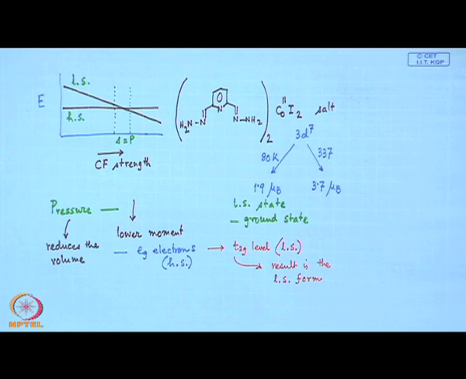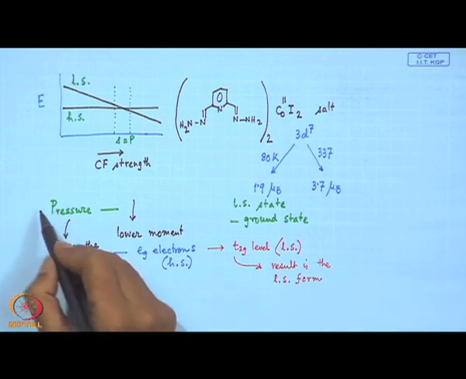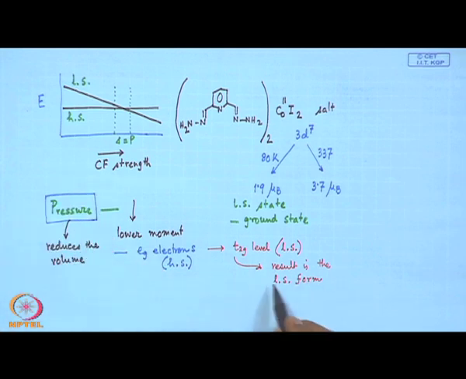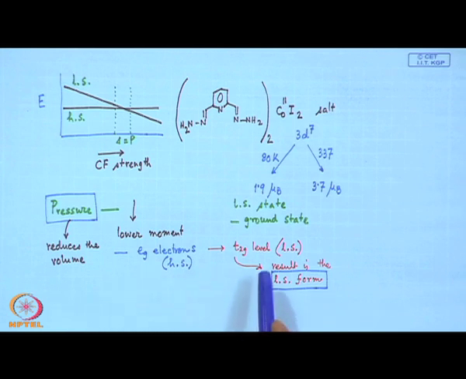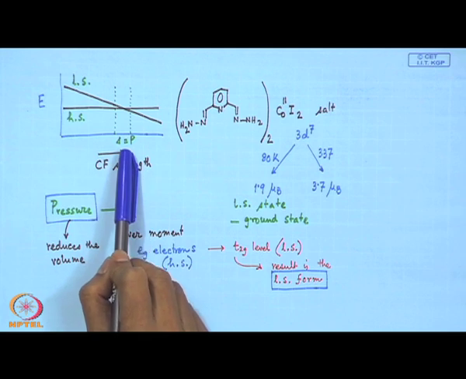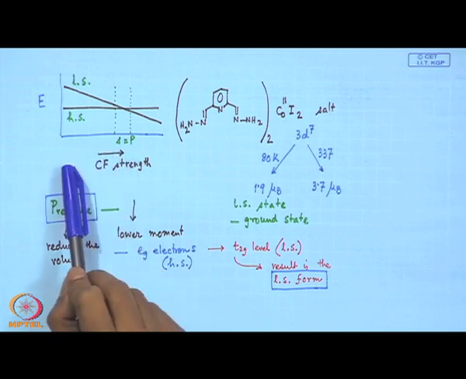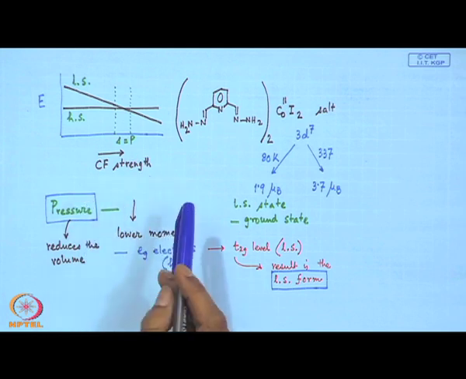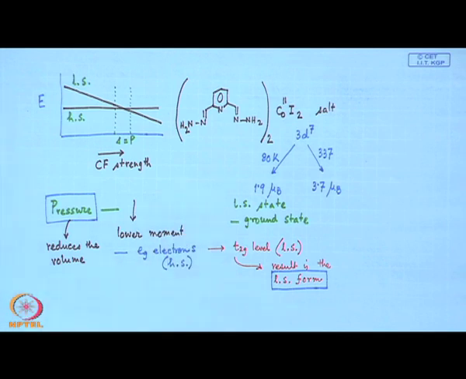So, when we exert pressure, there also we see that we will be able to get the low spin form from the high spin form. In this particular case, like the temperature, the situation is also close to the crossover region, and since the crossover region is susceptible to change in the magnetic moment from one direction to the other, we get the spin change as well as the magnetic moment change due to the temperature as well as the pressure.